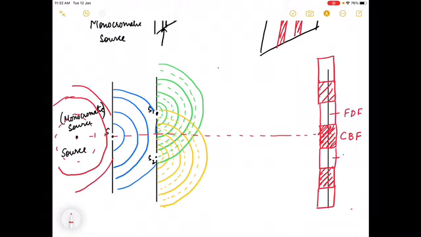Very similarly, this will also be the first dark fringe. This is known as your first bright fringe. Second dark fringe, this is the second dark fringe, and so on. This thing continues, right? I hope that is understandable.